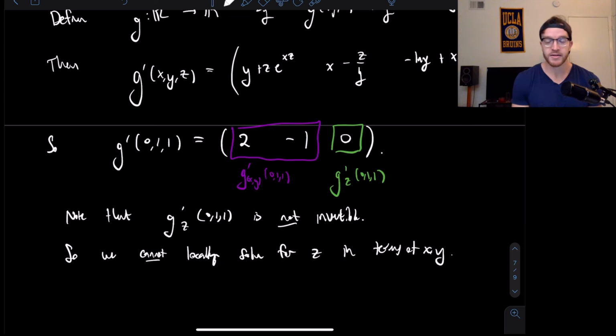Okay, so that's kind of boring. We didn't really get to actually use the implicit function theorem, so instead I could ask a slightly different question: with the same equation and same solution, could you solve for y as a function of x and z?